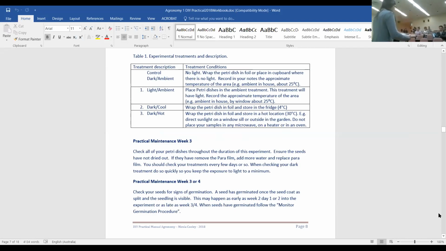One thing I will give you all is a piece of foil to wrap your dish in. So why is the control in the dark? Can anybody tell me?